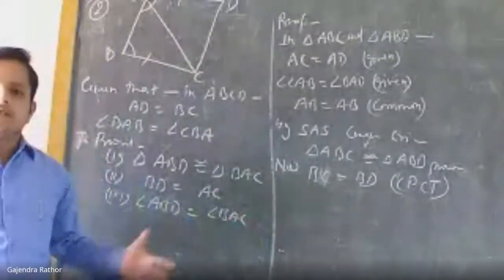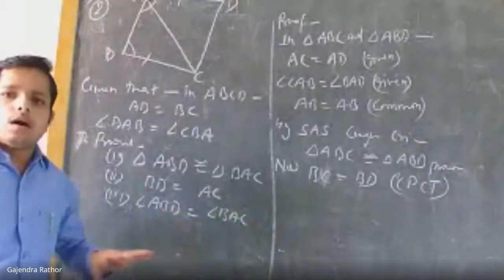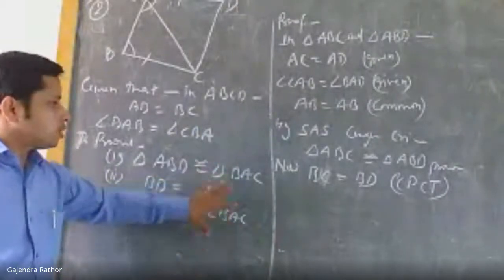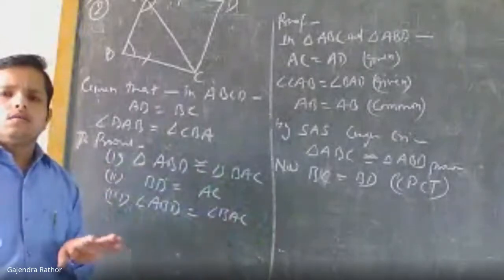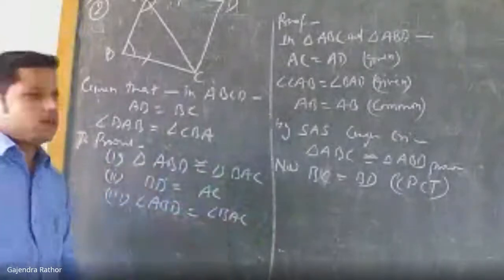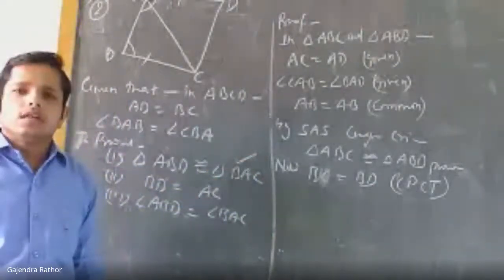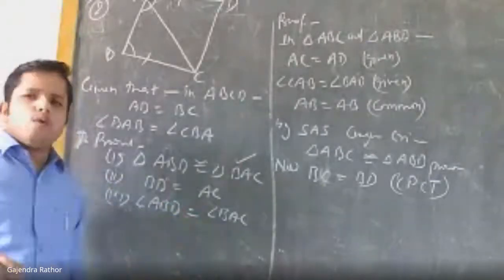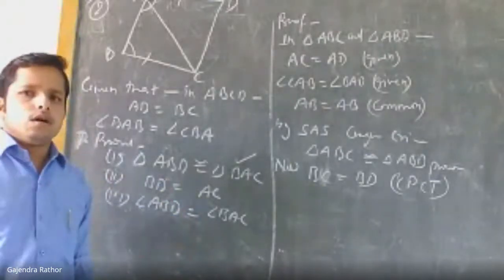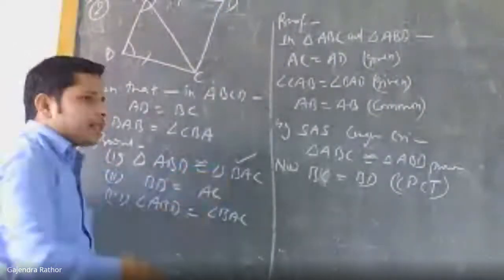Now these three points we need to prove, but this is a big question. Actually this is very easy. We need to prove only one point, that the triangles are congruent. If we can prove that, we can easily show the rest of the two. So first we will try to prove the triangles are congruent.